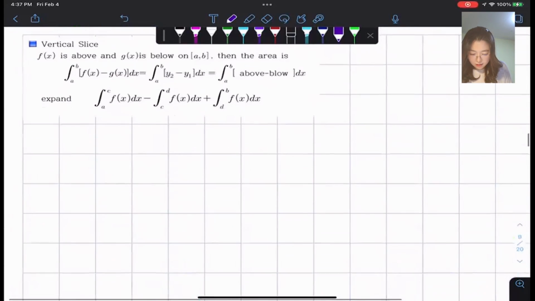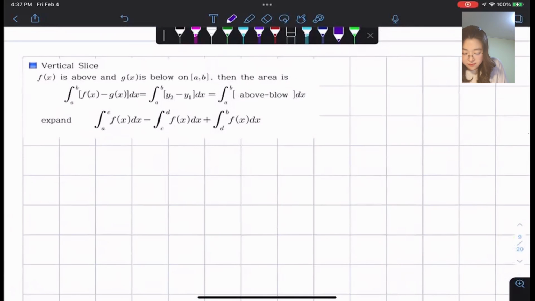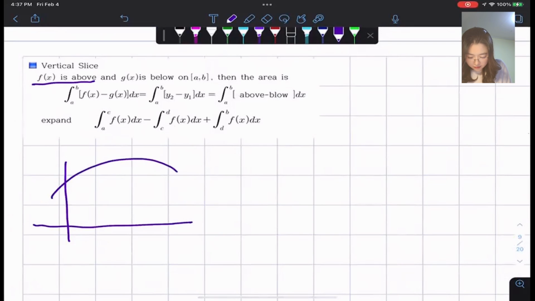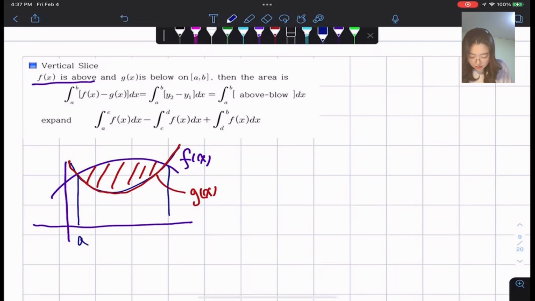Yeah, vertical slice. If there are two graphs, like f(x) is above and g(x) is below, let's look at this graphically. This is f(x). This is g(x). If we want to enclose the region like this, the range is a, b.